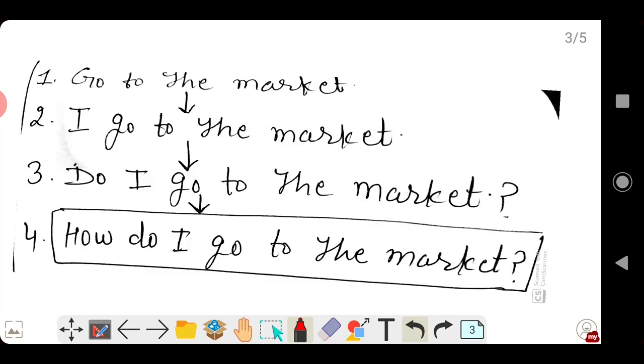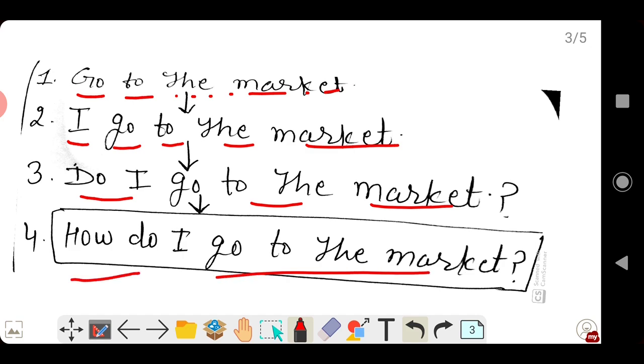Next, "go to the market". You can speak like "I go to the market", then "Do I go to the market?", and eventually you reach "How do I go to the market?"